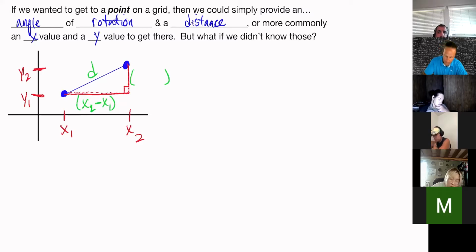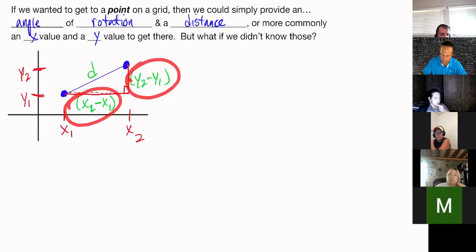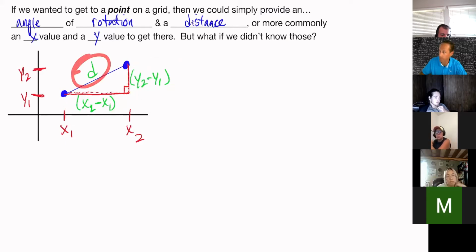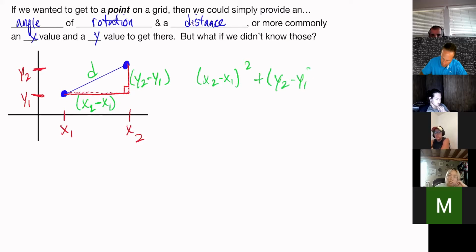How about with my y's? Bigger minus smaller. And now do I quote unquote know what this length and this length are? Then I should be able to find that one. It's easy. I will take my a squared plus my b squared and set it equal to my c, or distance between those 2 points squared.